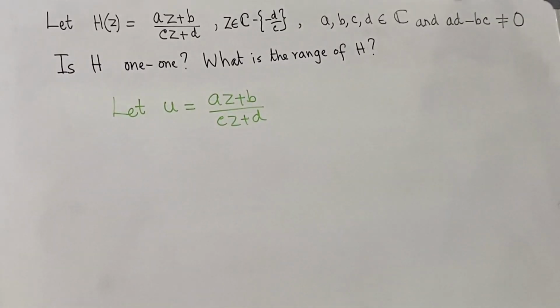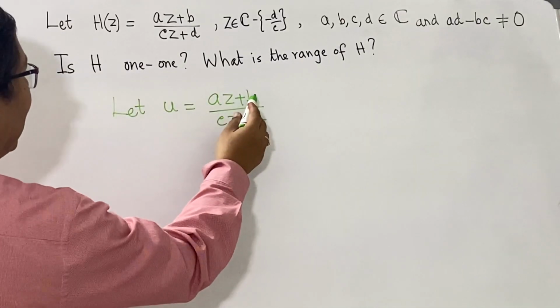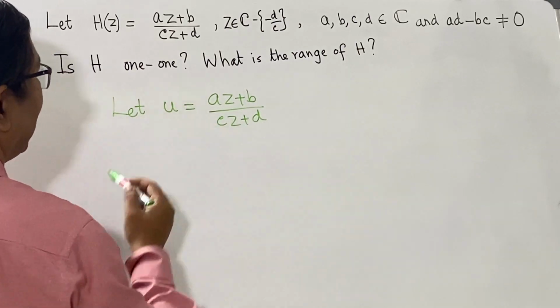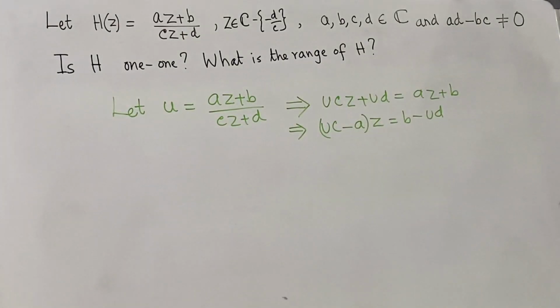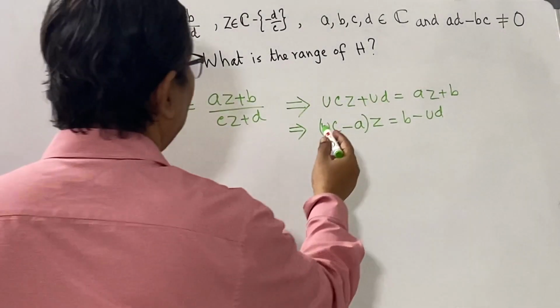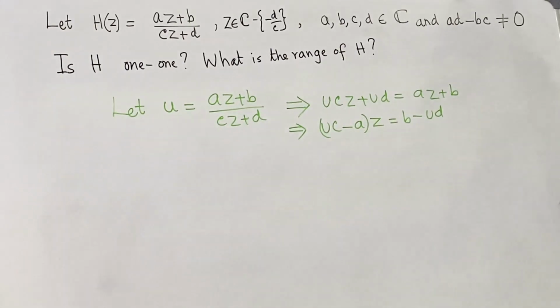We would try to figure out what are the possible values of u that is taken by the mapping, which would mean that for such values of u, there will be a z for which (az + b) divided by (cz + d) will be equal to u. Simple algebra gives us that (uc minus a) times z must be equal to b minus ud.